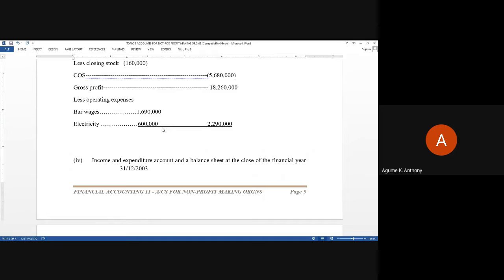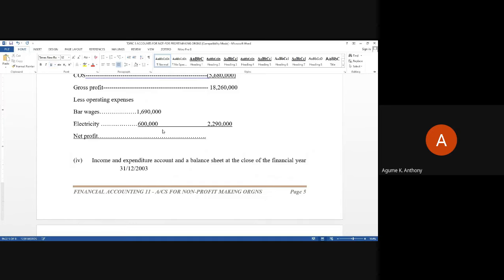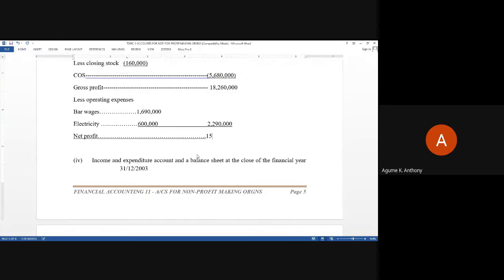So my net profit, which will be taken to the income and expenditure, is 15,970,000.